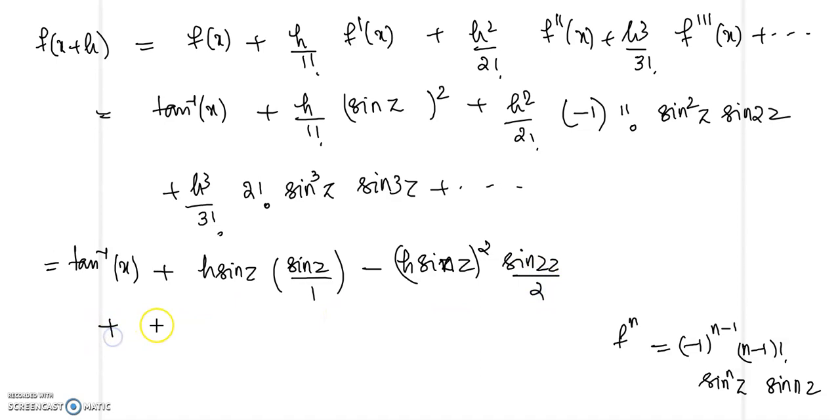The next term is plus h sin z whole cube. Then 3 factorial and 2 factorial cancel off, but we will get sin 3z by 3 plus etc. So that is the required expansion.